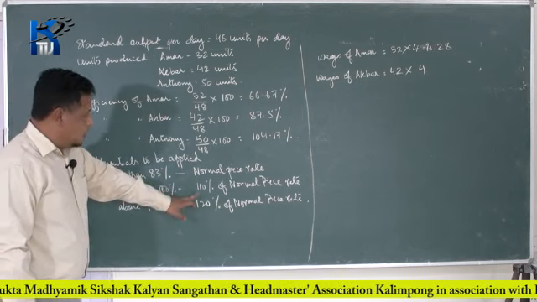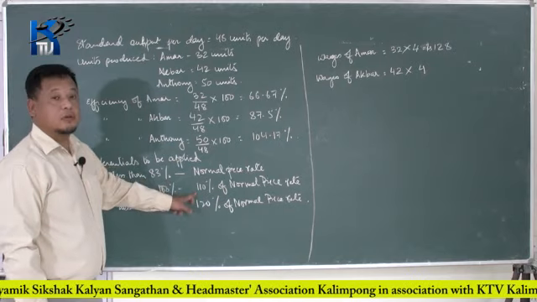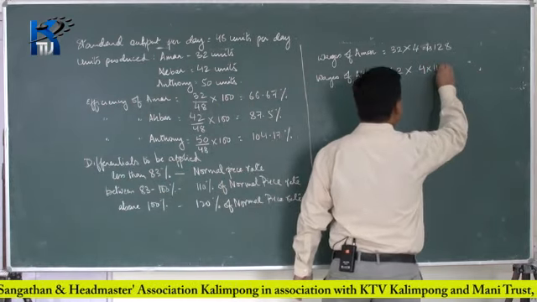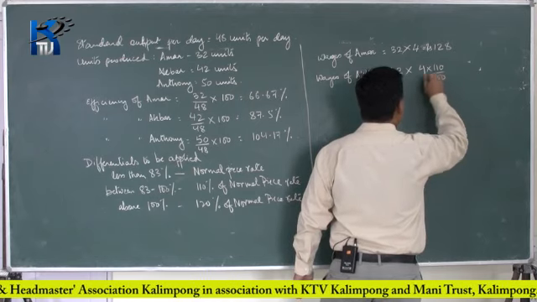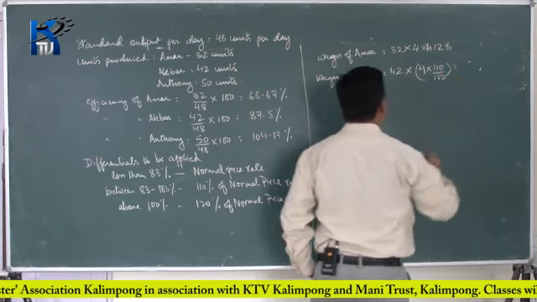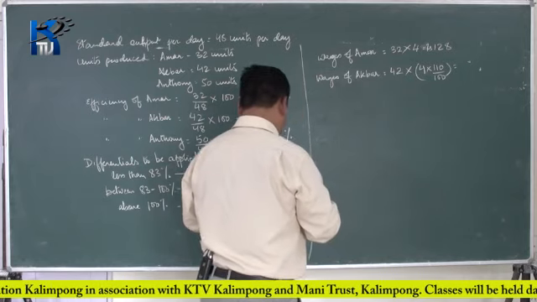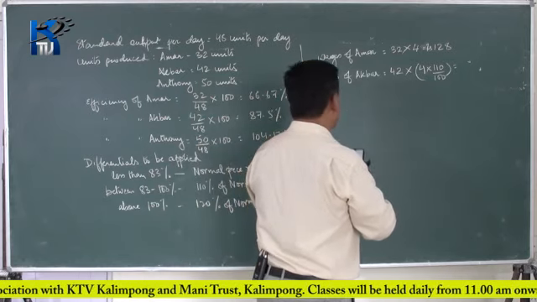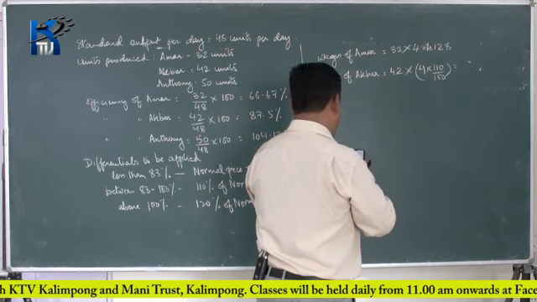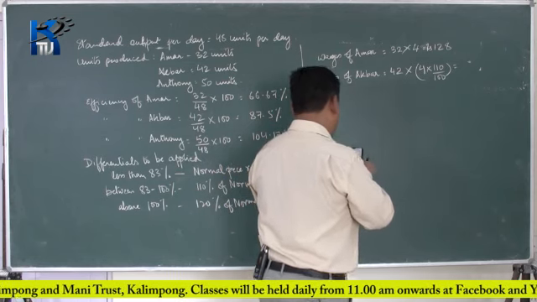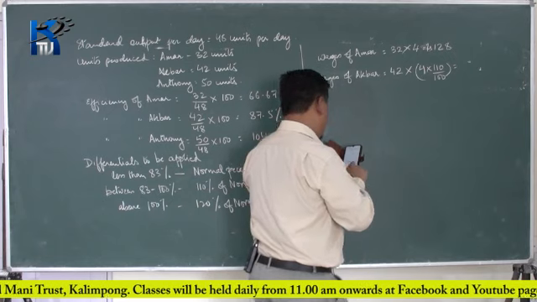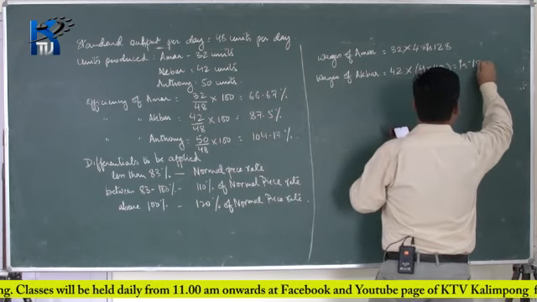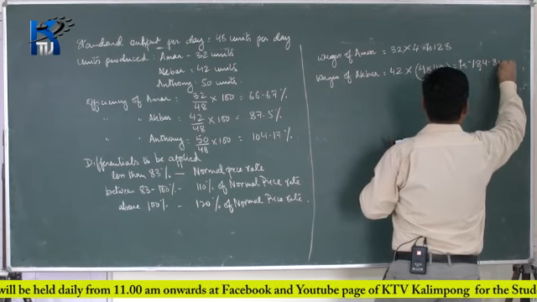So he will be provided with 110% of the normal piece rate. So his wages will be 42 into 4 into 110%, equals rupees 184.80.